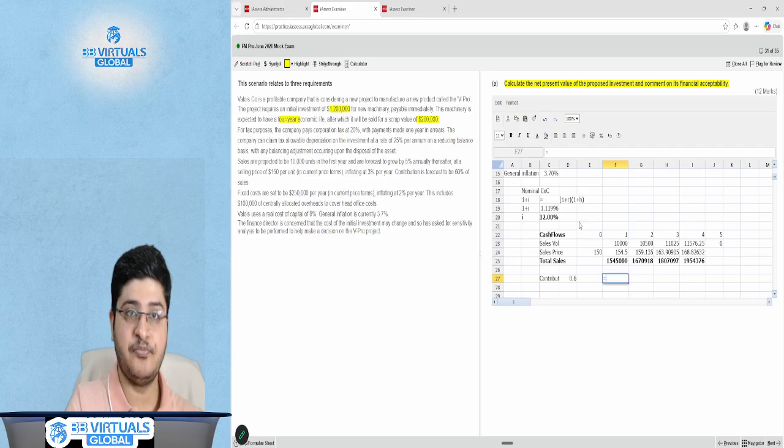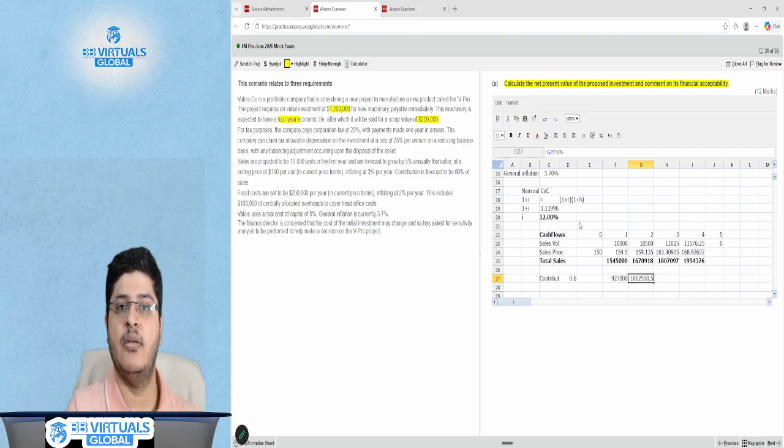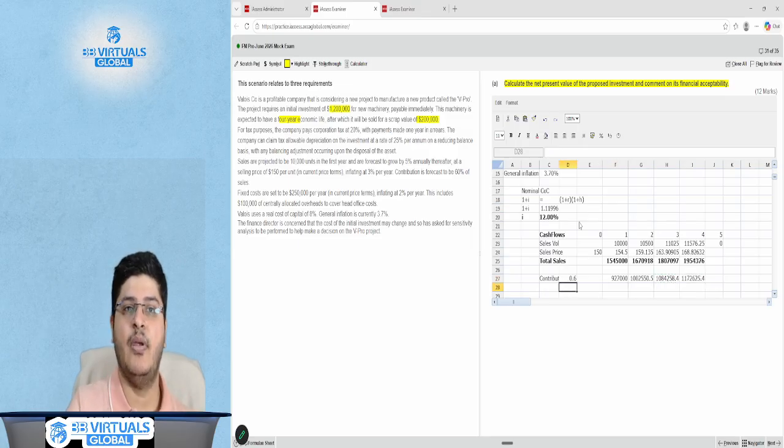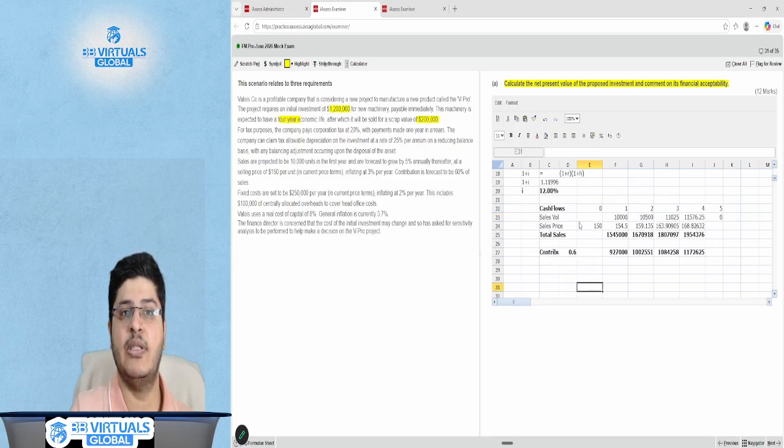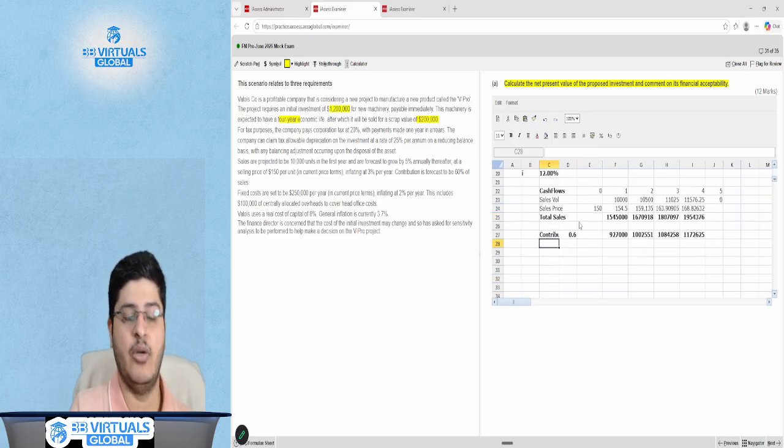I will multiply this by 60%, copy, paste. Now this gives me my contribution. Now sales is irrelevant because I directly have my contribution. I'll start my cash flows calculation from contribution because sales I've already considered in contribution.